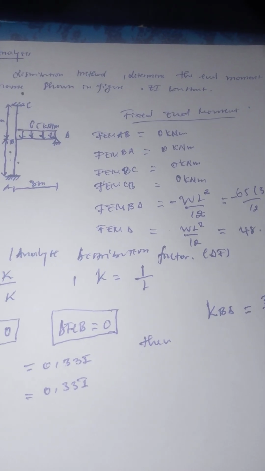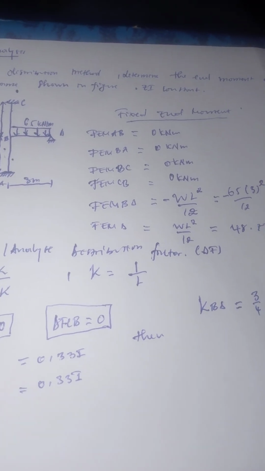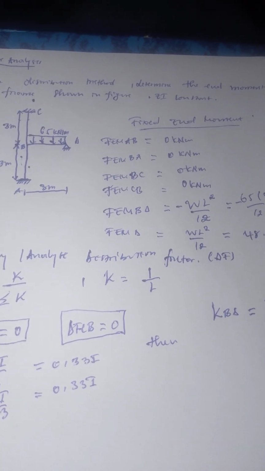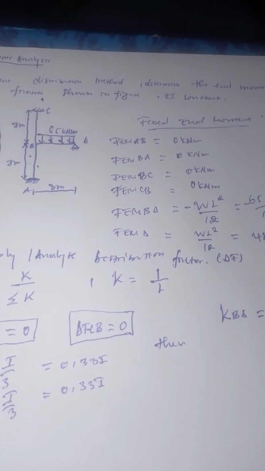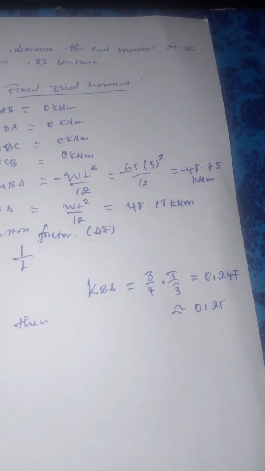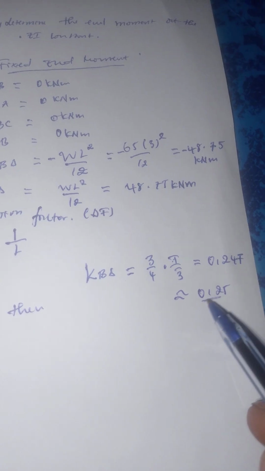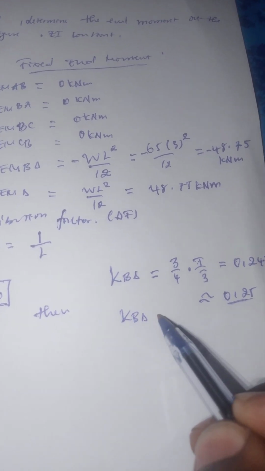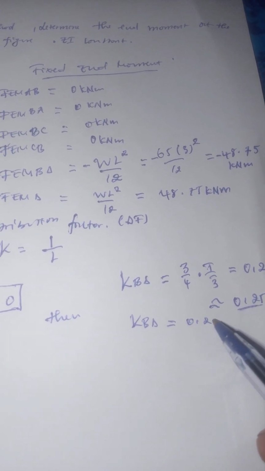We have 0.247, rounded to 0.25. So the stiffness of BD must be equal to 0.25.